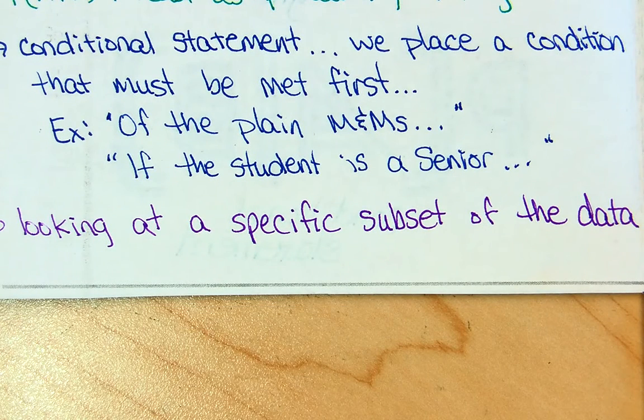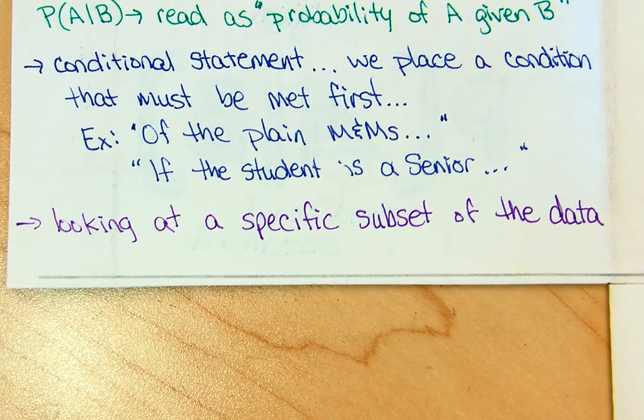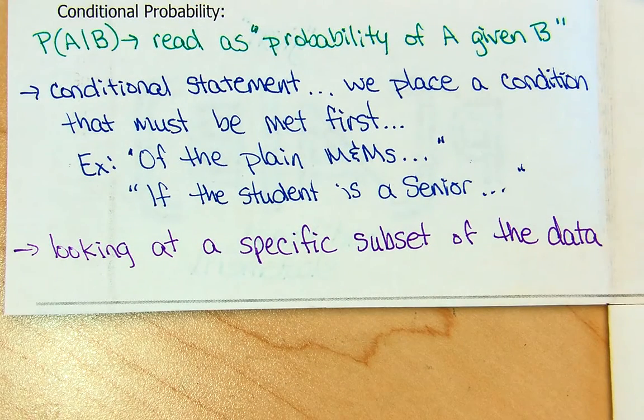So this is where if you're looking at a contingency table, you're isolating one row or one column, and you're looking at the total for that column or the total for that row, and finding one of the cells over that total. Okay, so that's how you know when to use this.